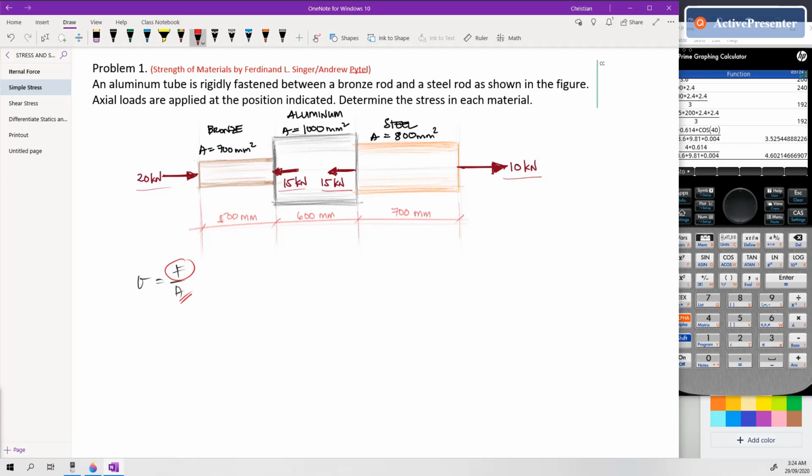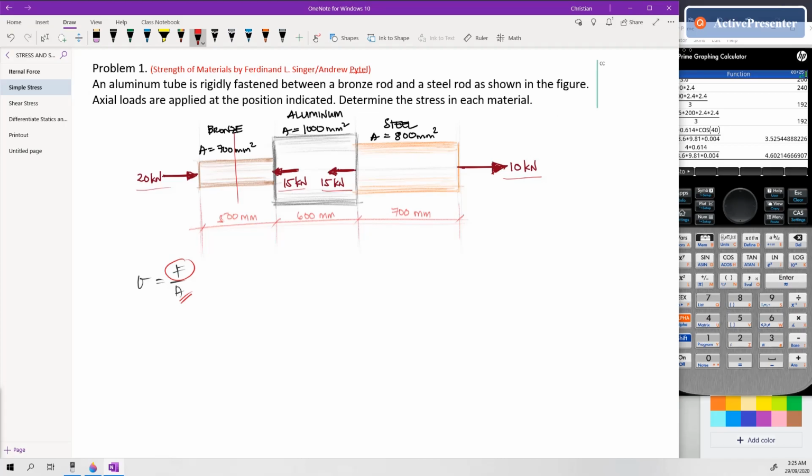So, ang gagawin lang naman natin is to get the internal forces for each material. To determine the internal forces, ang gagawin lang natin is to cut or get a section for each material. So, simulan natin sa bronze.